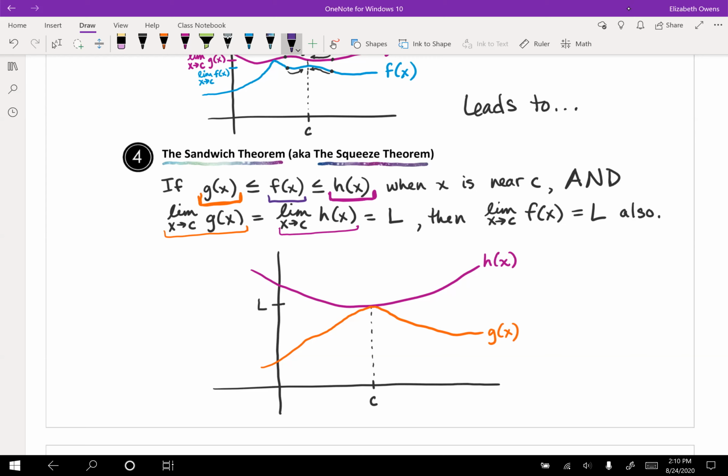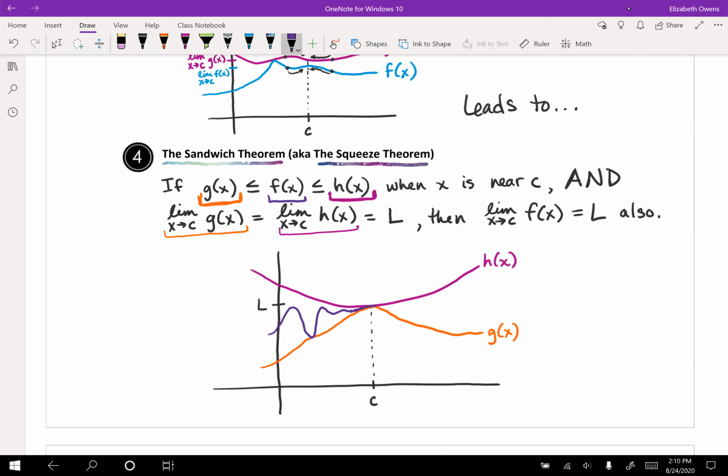It could equal g of x or h of x at some point, but f of x needs to be between g of x and h of x when x is near c. So f of x could come through. Maybe it equals g of x right there. Well, if it's got to stay between the two functions, it is really getting guided right in here. There's nowhere else it can go really except towards that limit value of L.